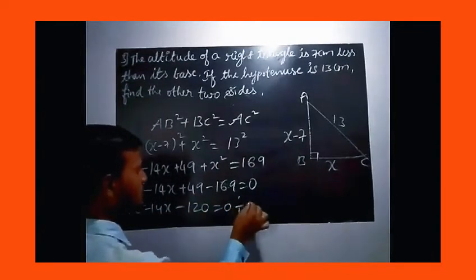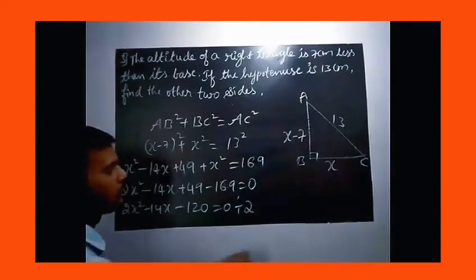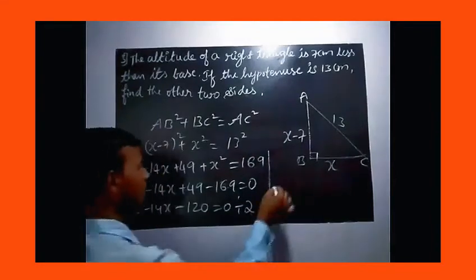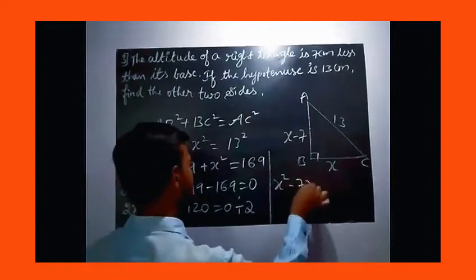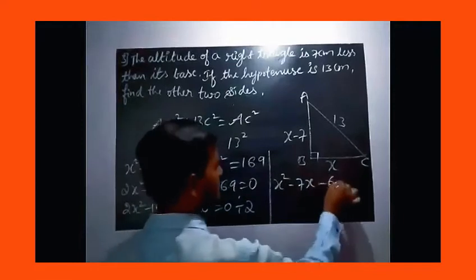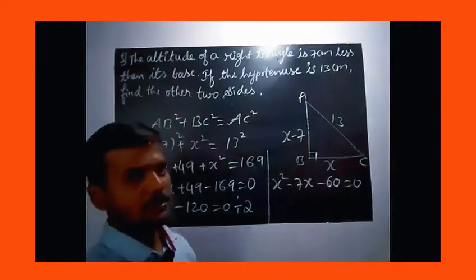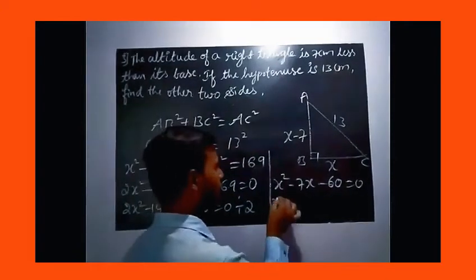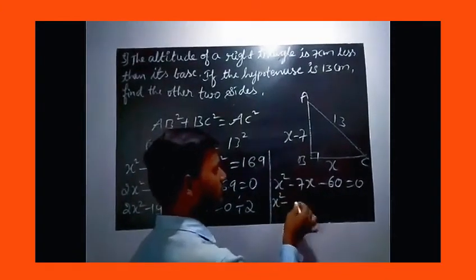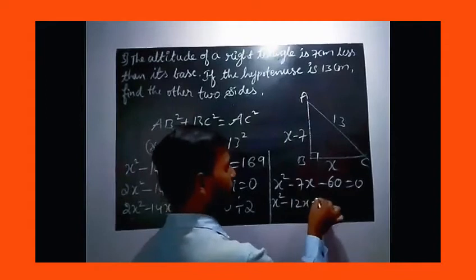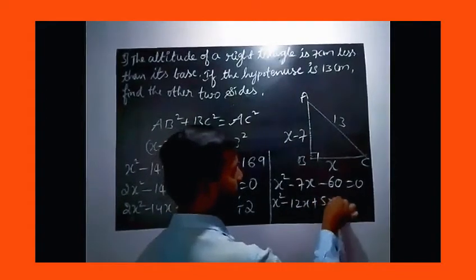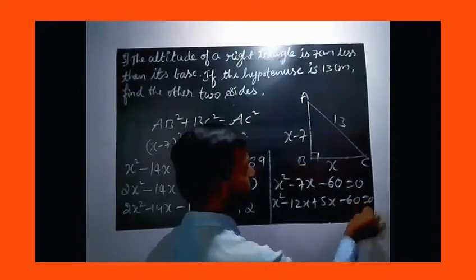Divide this by 2. What will we get? x square minus 7x minus 60 is equal to 0. Now factorize this equation. What do we have? x square minus 12x plus 5x minus 60 is equal to 0.